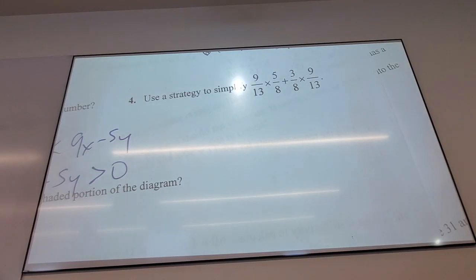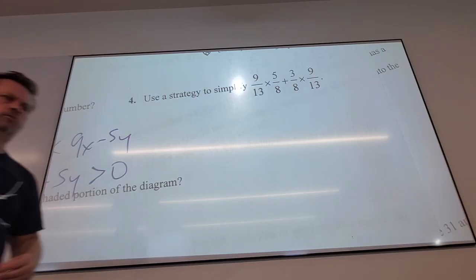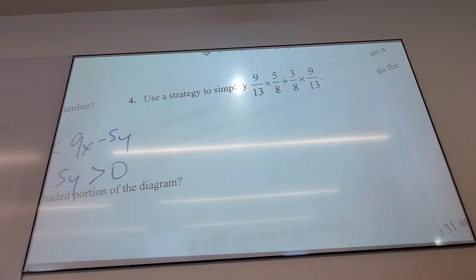I just did it as whole numbers, so I did 182 divided by 6, and it was 30. Wait, number 4? Oh my god, I'm sorry. You're good. Wrong side. So I put parentheses around 9 over 13 times 5 over 8, and then I put parentheses around 3 over 8 times 9 over 13.